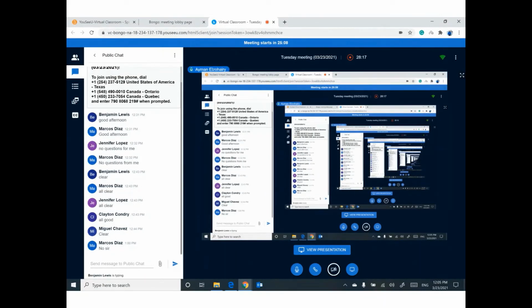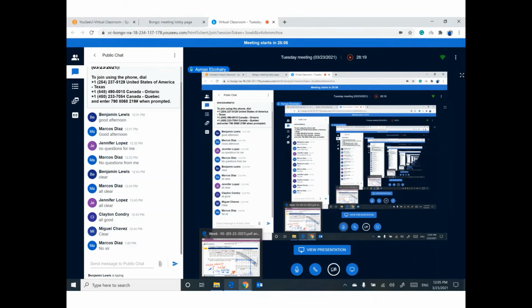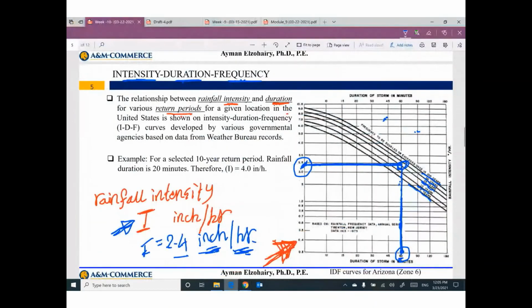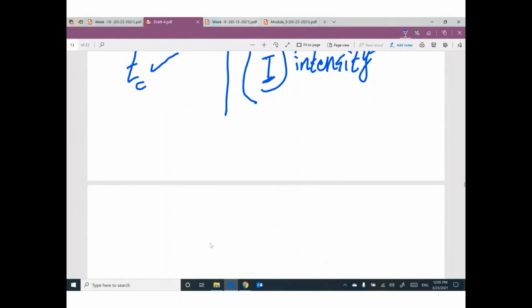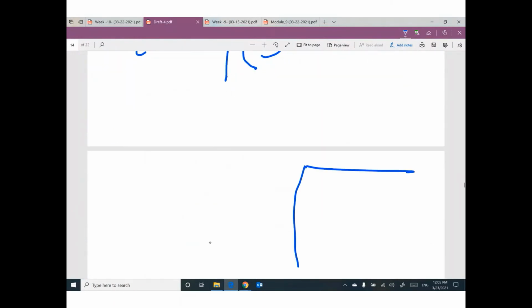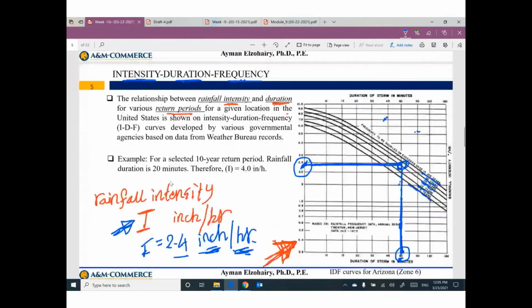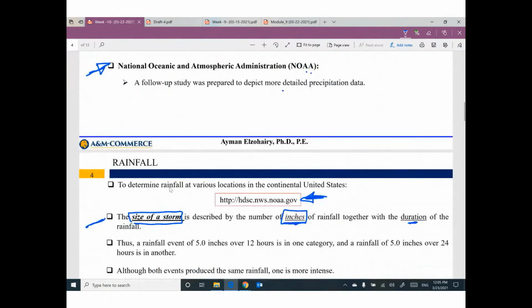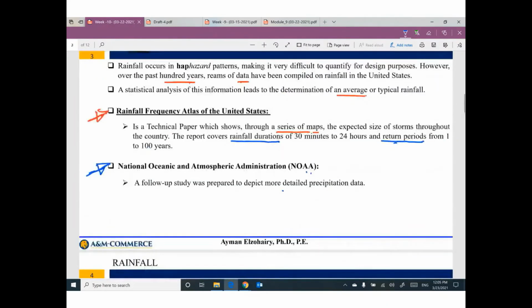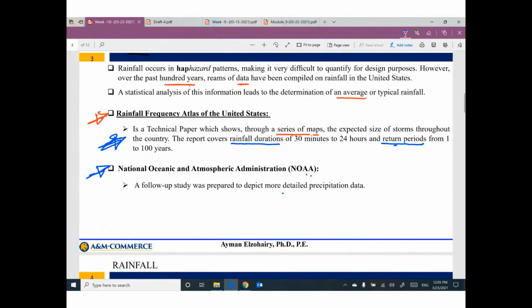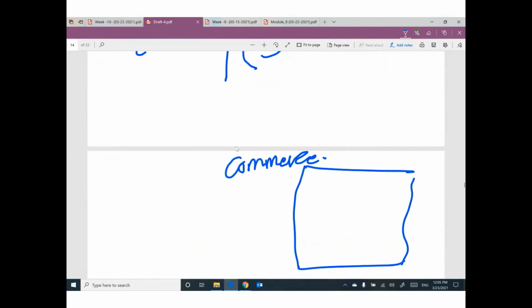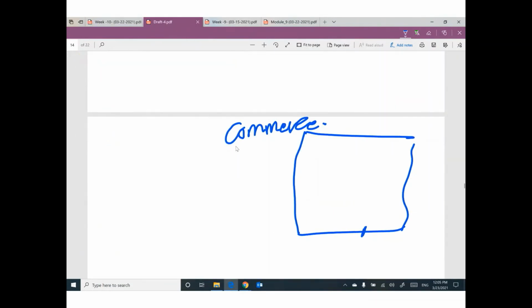So let's assume we have an expectation for a rainfall tomorrow in Commerce. So I will open the chart related to Commerce, based on the data given on this website or the Atlas for Dallas, for Commerce. I will determine the expectation for the rainfall duration.